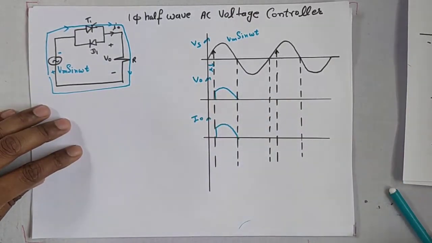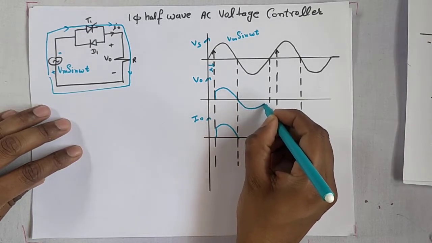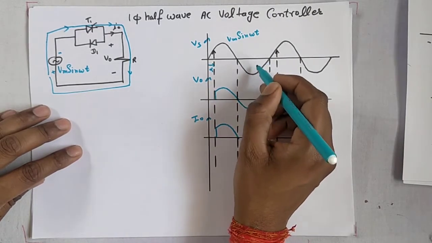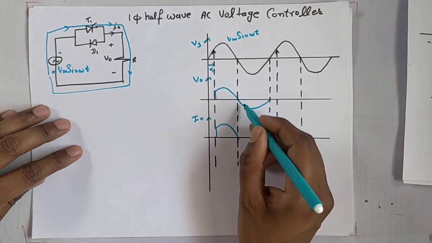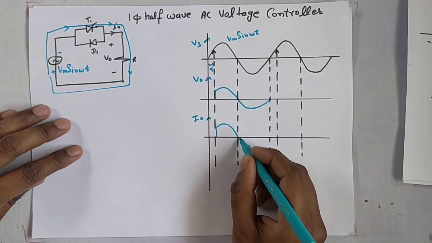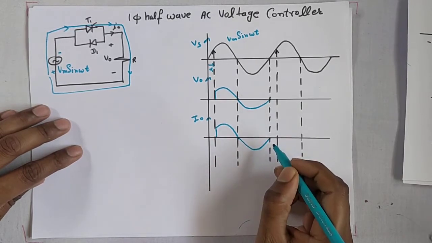So in the output you get the same voltage as the input voltage, and the current will be the same as the output voltage.